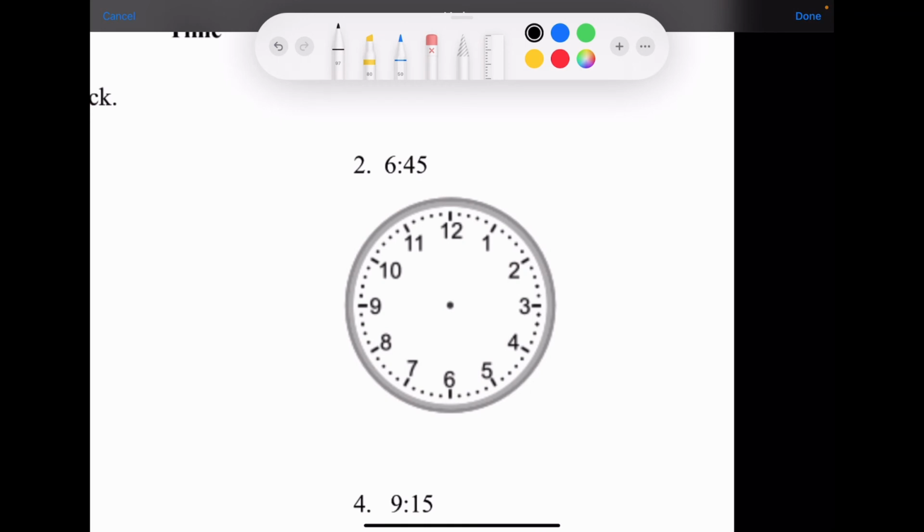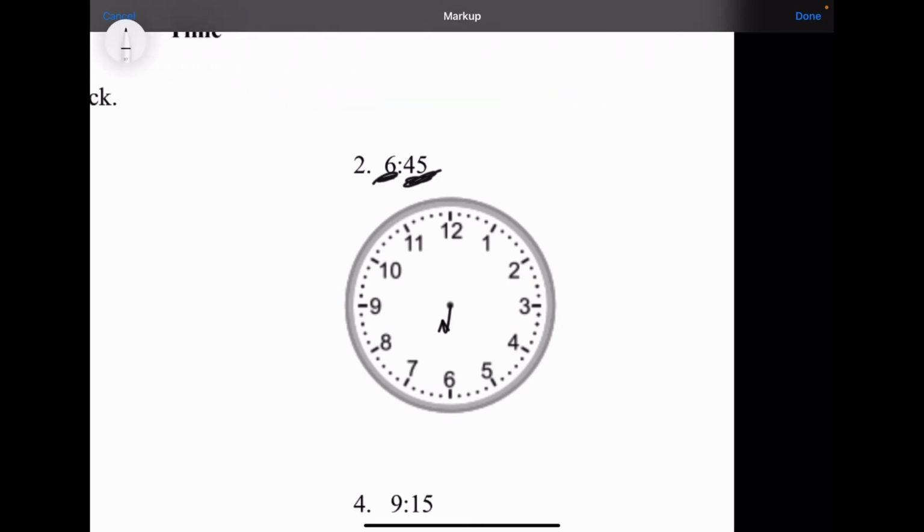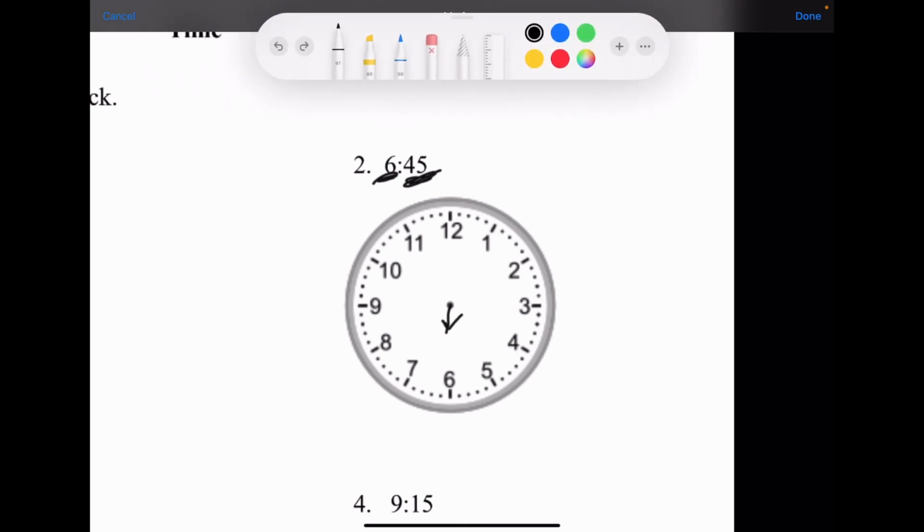Okay, so for the second one, it's asking for 6:45. So remember that the little hand is always pointing here, which is the hour, and these are the minutes. The tall hand's going to be pointing at that. So the little hand's going to be pointing here, just pointing here at 6, right, the little hand.